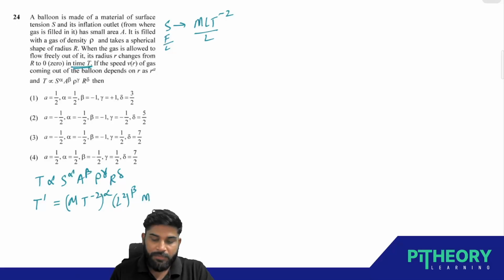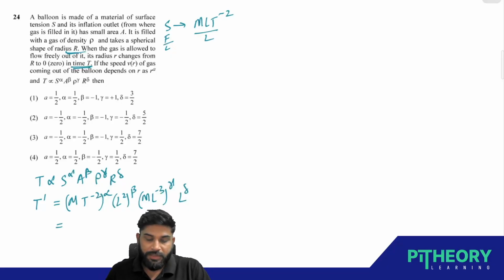Density is what? Mass per unit volume, correct? The volume is L cube. So L to the power minus 3 it will be coming to the power gamma. R is the radius, correct? So length only, L to the power delta. So here if I club all those terms with the same powers, for mass, if I club all these things together, you get what? M to the power alpha plus gamma. What about L?